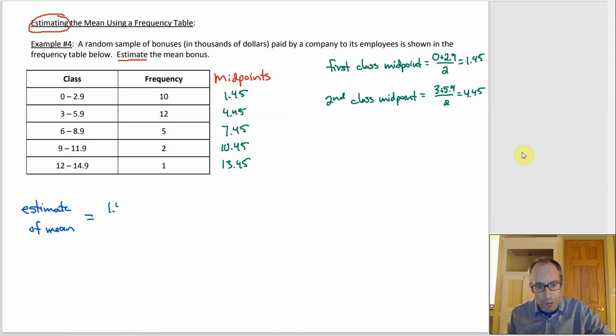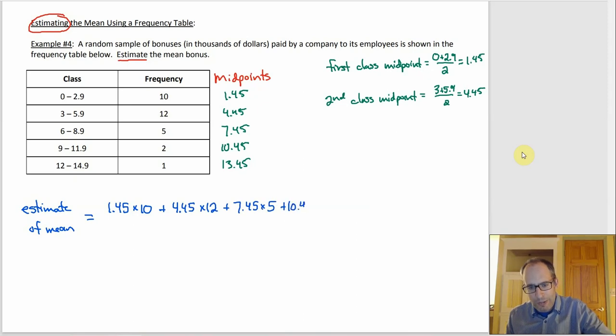So 1.45 times 10, right? Since we had the midpoint of 1.45 for the first class, and then the frequency was 10, and same sort of thing over and over now. So 4.45 times 12 plus 7.45 times 5 plus 10.45 times 2, and then plus 13.45 times 1.